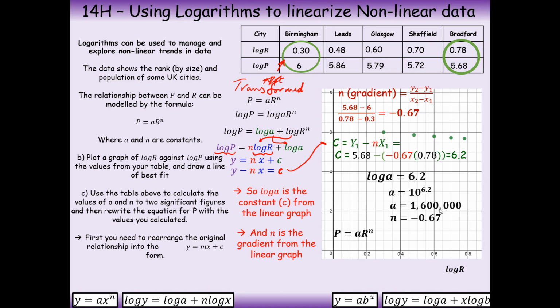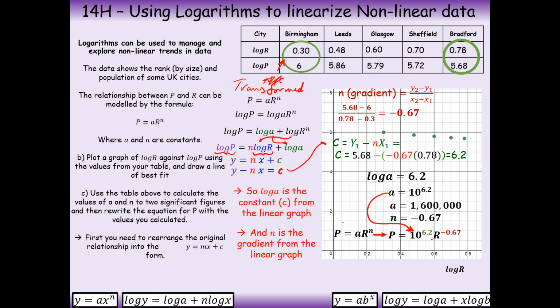These two can be used to write the original formula. Actually, you can just put a. We don't have to evaluate it. So this way is a neater and more exact way of writing it. r raised to the power of minus 0.67.